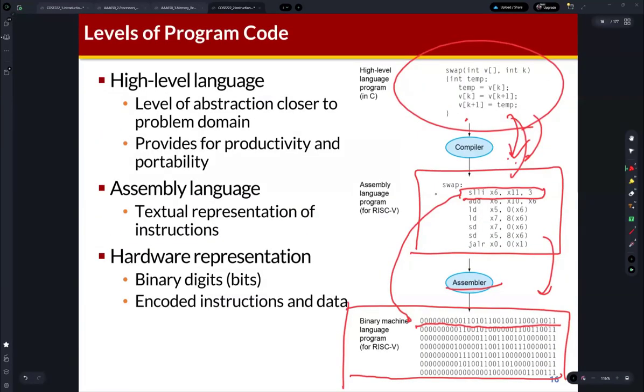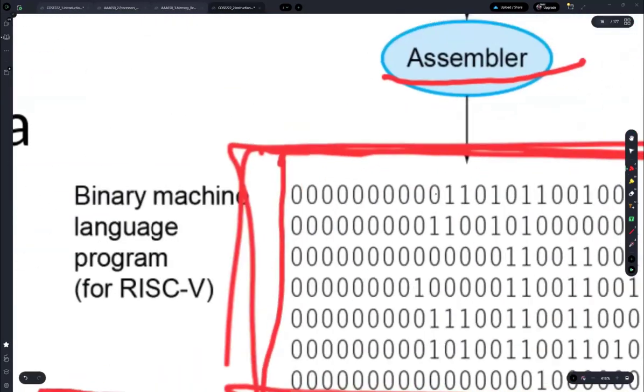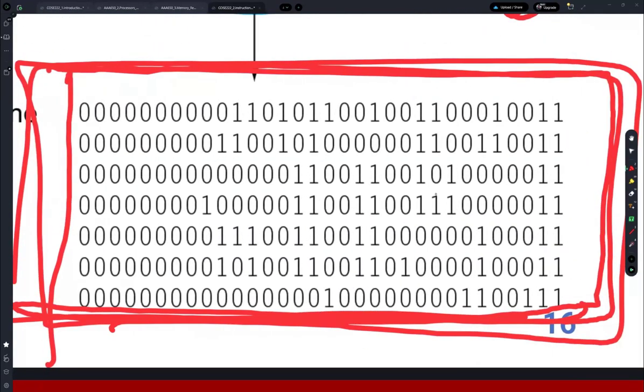So the CPU receives this type of instruction. If you just see this, can you understand? It's just 1 and 0, which means these instructions are digital data.